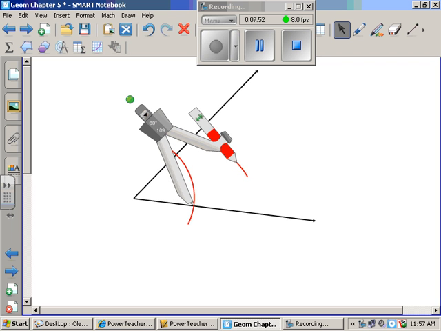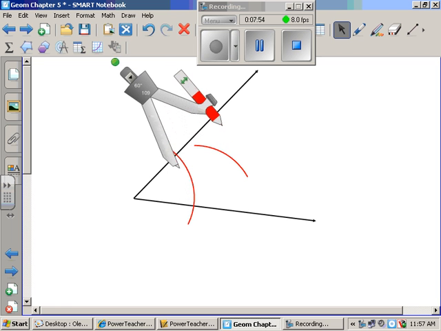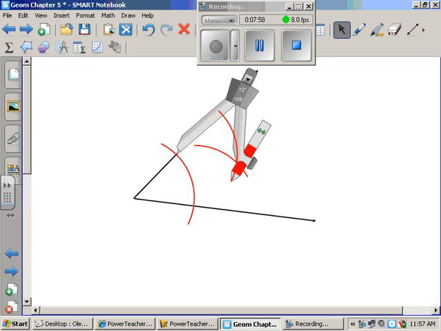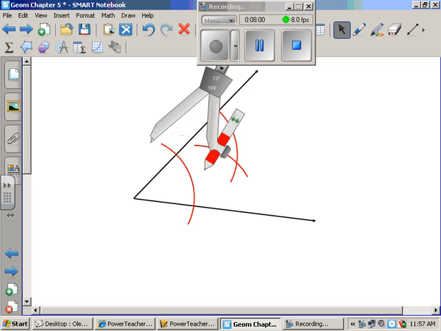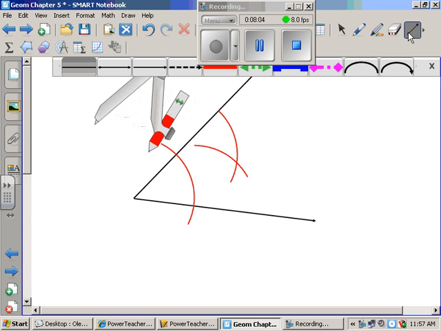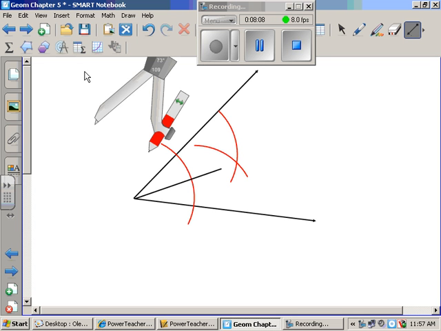And again, keeping it open the same amount, we're going to make another arc here. Okay? Then we're going to connect those two points, the vertex and that point there, and that is going to be an angle bisector, okay? And we will have time to practice that in class tomorrow.